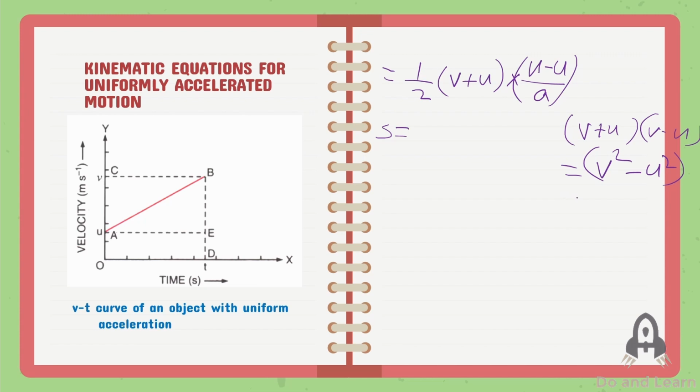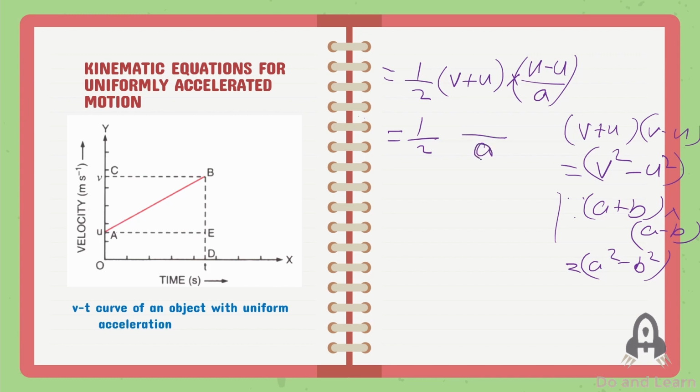since a plus b multiply a minus b is equal to a square minus b square. Apply here, we will get half, a is already there, 1 by 2a, V square minus U square, divided by 2a, that is equal to V square minus U square divided by 2a.